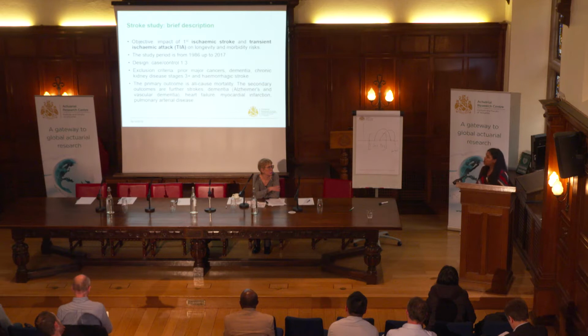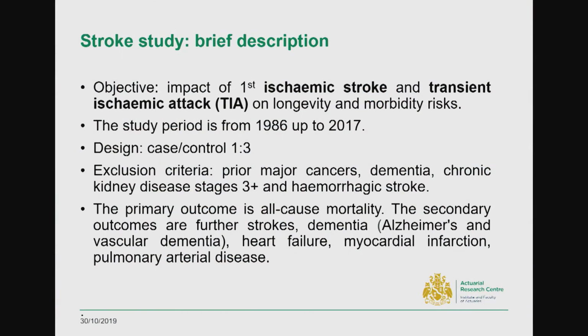Our primary outcome is all-cause mortality, but we could also study other secondary outcomes like further strokes, dementia, such as Alzheimer's and vascular dementia, heart failure, myocardial infarction, and pulmonary arterial disease.